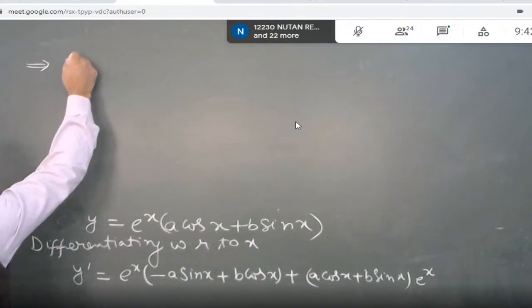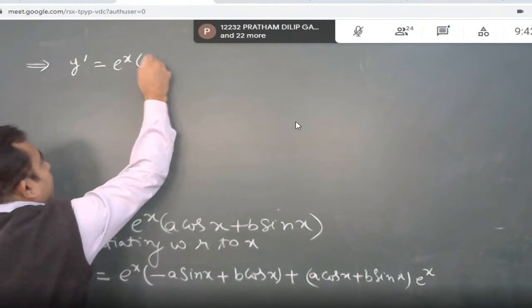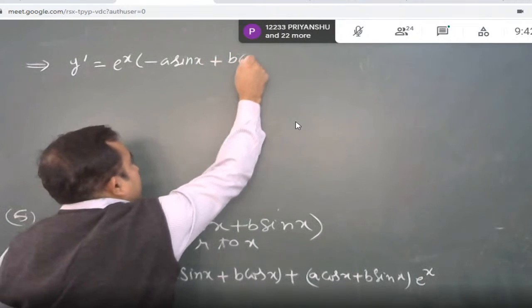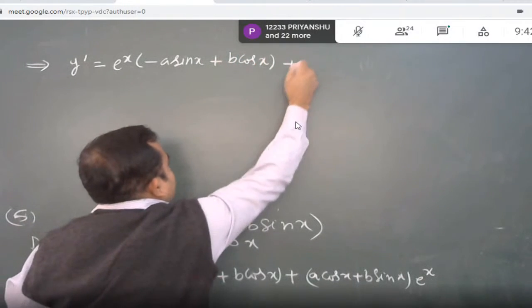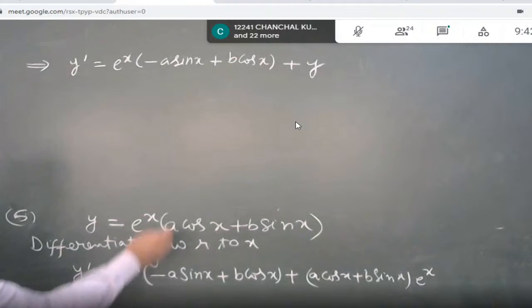So y dash equals e to power x into minus a sin x plus b cos x plus y. ठीक है, ध्यान रहे your target is to differentiate 2 times. One more time we have to differentiate, keep in mind, and a and b are to be eliminated. Still both are appearing. So what I am going to do, I am going to differentiate one more time.